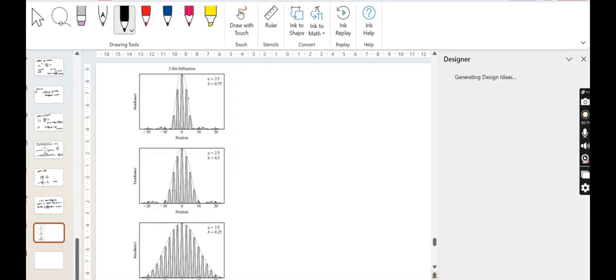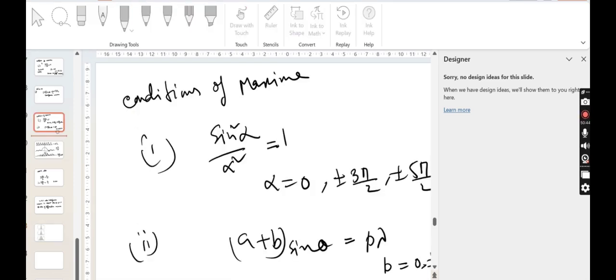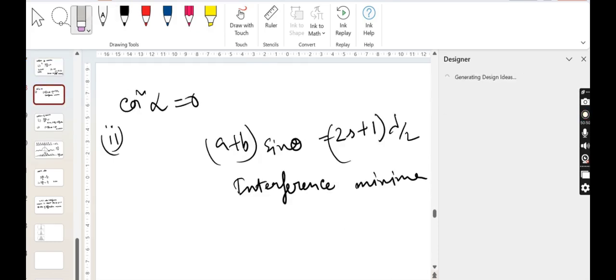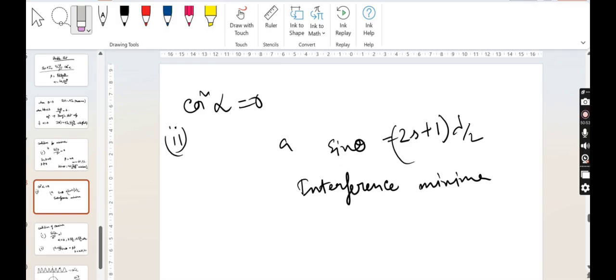So you see here first, second, third, then there is off. Here first, second, third, fourth, fifth, then there is off. Then first through tenth, then off, because a is 10 times b here. So there is a different calculation. You can see that a plus b sin theta is equal to that.